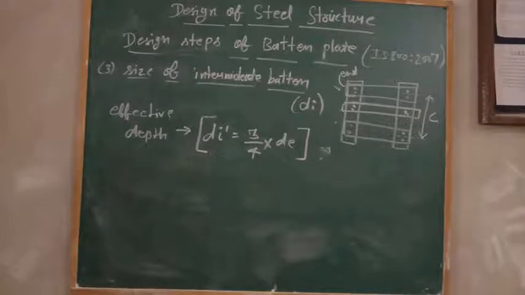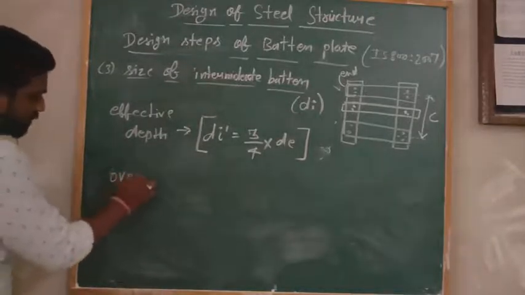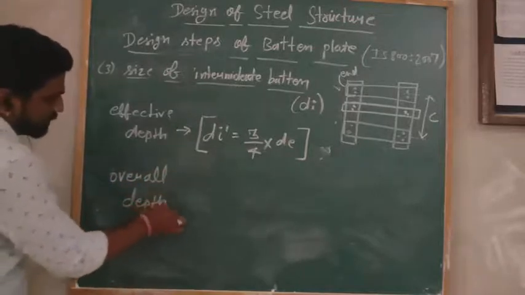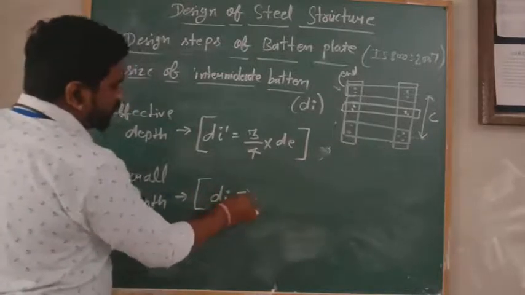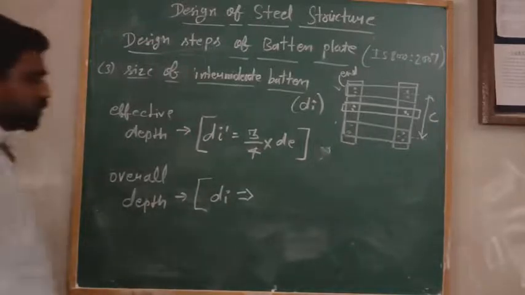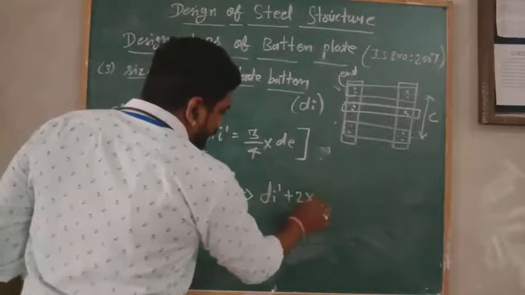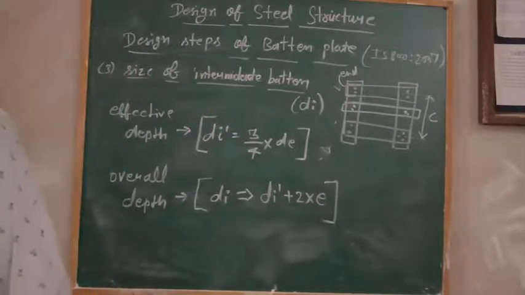The formula for overall depth is DI is equal to DI dash plus 2 into E, where E is the end distance. So the size of intermediate batten is found from the effective depth and overall depth.